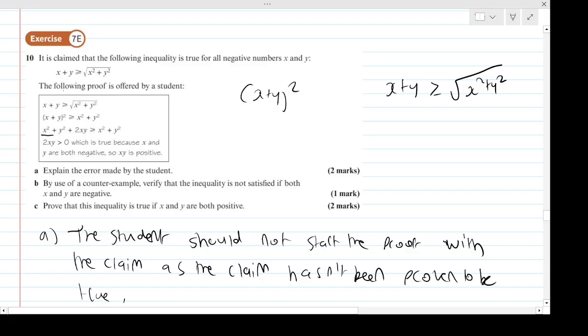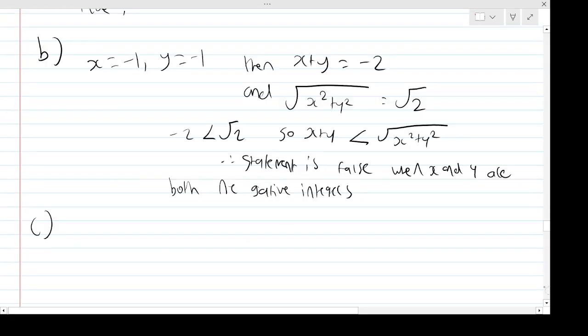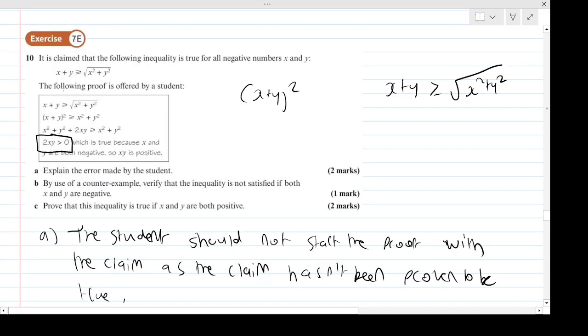So we should probably start with this: 2xy is greater than 0. Do we know that's true? Is 2xy greater than 0? Well, yes, because x and y are both positive in this case.